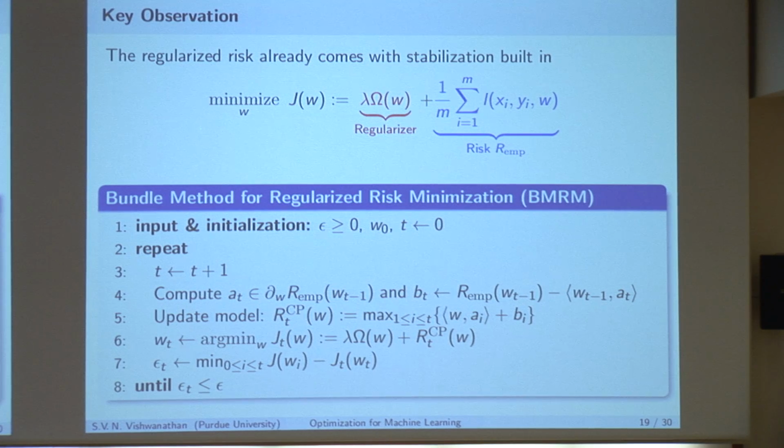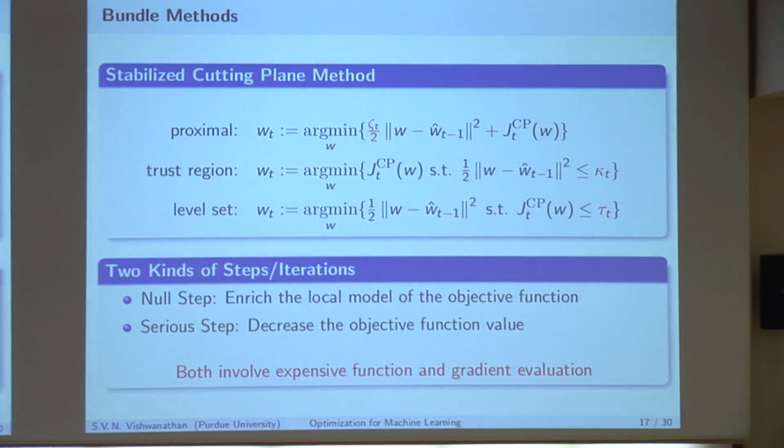Before you get lost in the equations, let me guide you through them a little bit. The intuition is: what is a regularizer? If you think about it for some time, the regularizer in machine learning is a stabilizer. And what did we add to the cutting plane method?